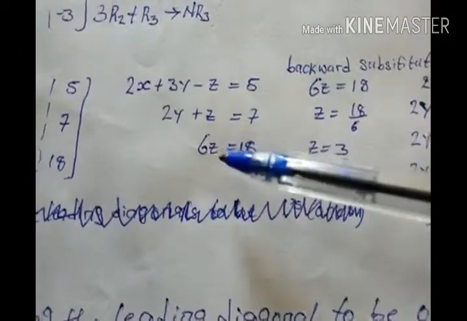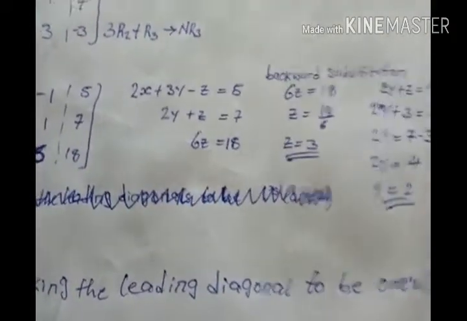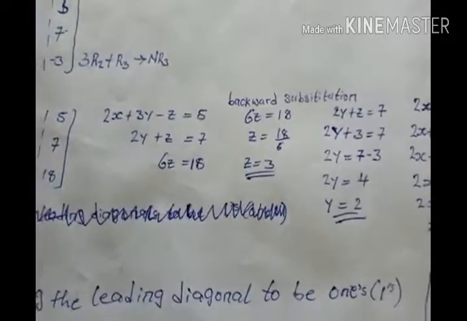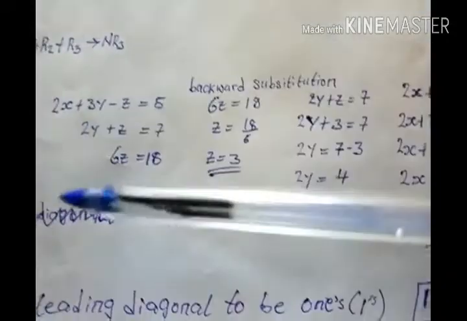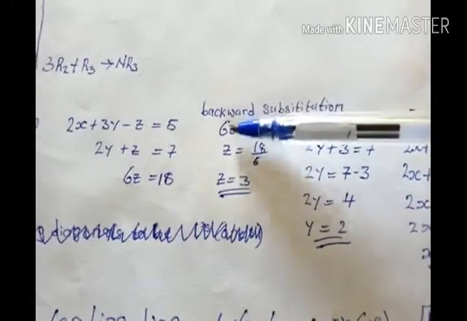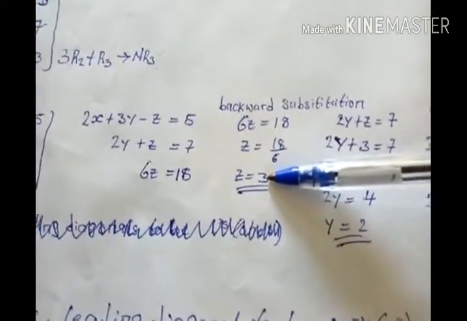So I will use my backward substitution to get the value of x, y, and z, but I will start from z. That's why we call it backward substitution. We start from z, then coming to y, then to x. As you can see the solutions here, I've taken this here, so I will make z the subject of the formula. I've gotten my value of z to be equal to 3.